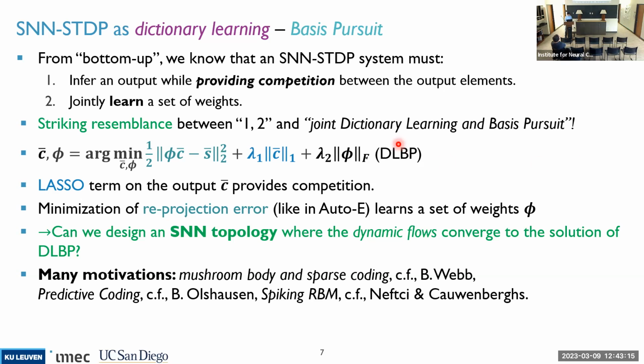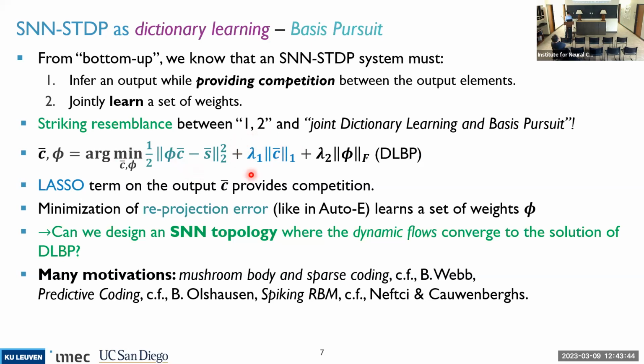So what is this problem? The dictionary learning problem is shown here in this equation. Given an input S, the dictionary learning and sparse coding problem tries to infer a sparse code C and learn a dictionary, or a set of weights phi, such that it minimizes the reprojection error between the input S and the code C through the dictionary.